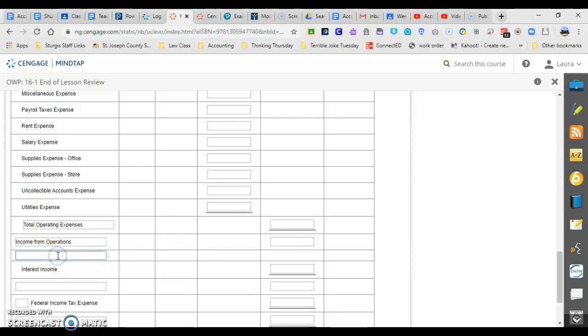Then you have other income, other revenue, possibly in a business that's not from operations, like interest you get off your note. You would get that off of your trial balance. Then you would find your net income before federal income tax.